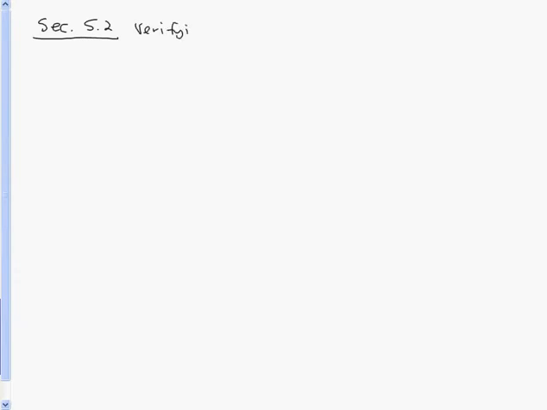We are going to be verifying trig identities. Now, I told you what an identity was last time you were in class, but remember you have an equal sign, and you want to verify that one side is indeed equivalent to the other side. And I'm going to start with just some tips for verifying.